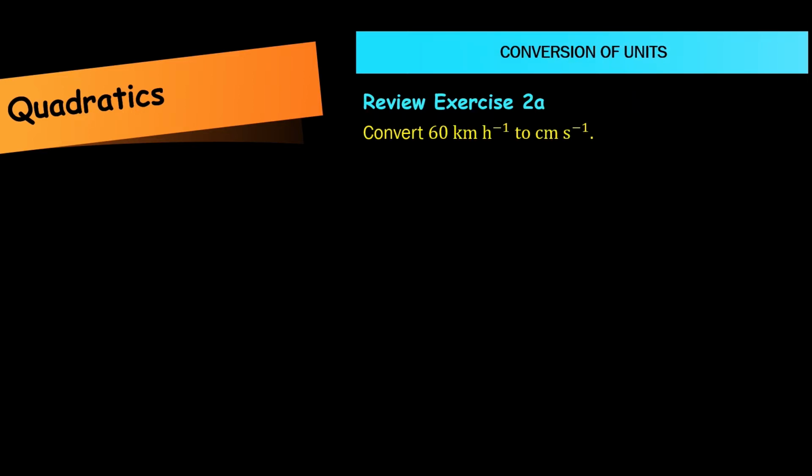The next exercise requires us to convert 60 kilometers per hour to centimeters per second. So how do we convert units? In this particular example, how do we convert kilometers per hour to centimeters per second?